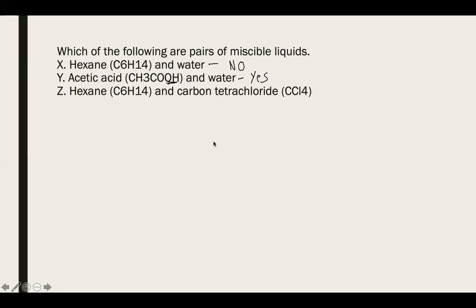But when you have 4 chlorines, all of those dipoles cancel out, which makes CCl4 nonpolar. And because of that, that's also a miscible liquid. So the answer to this one was that both Y and Z are miscible liquids.